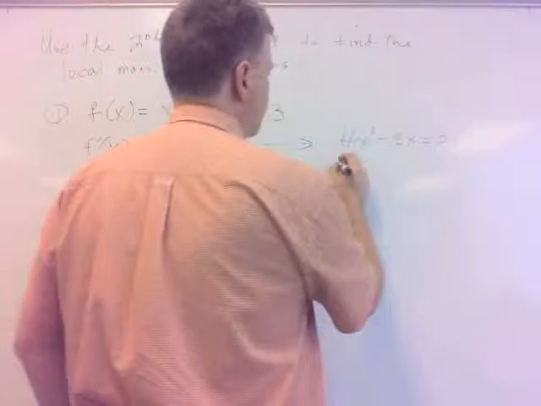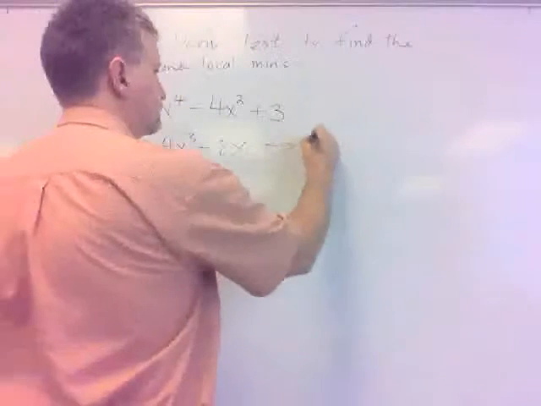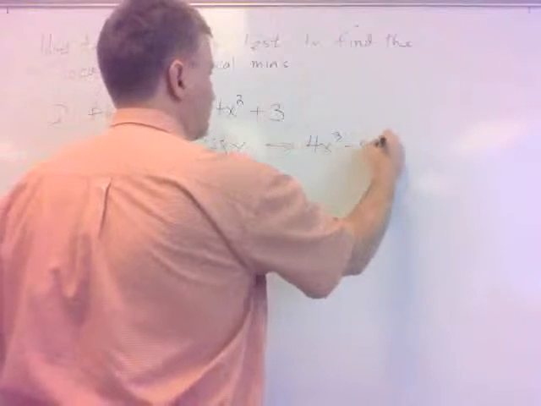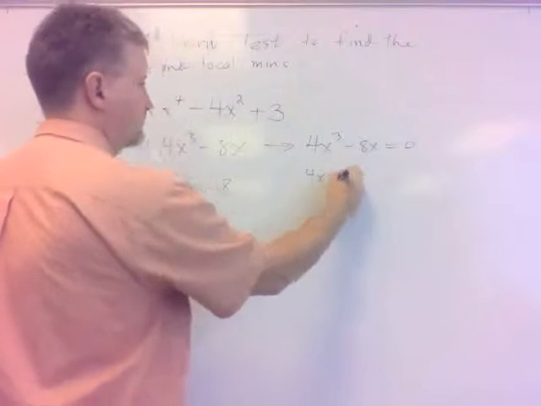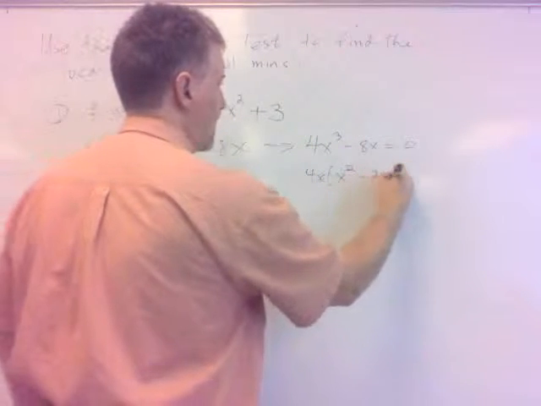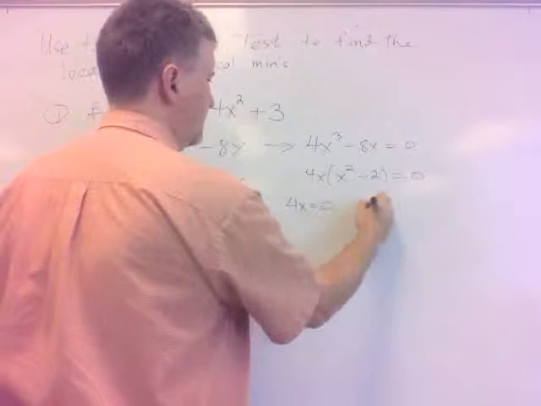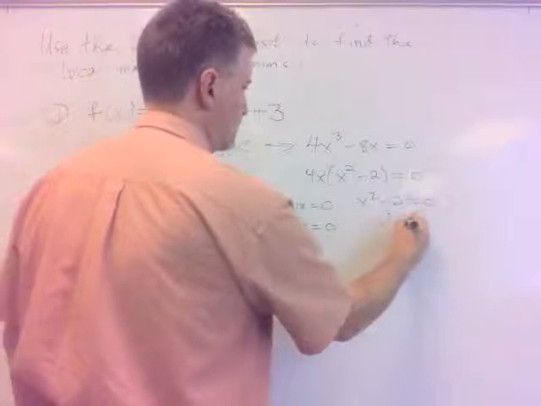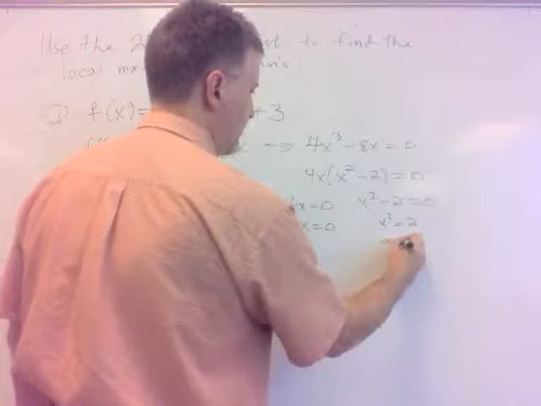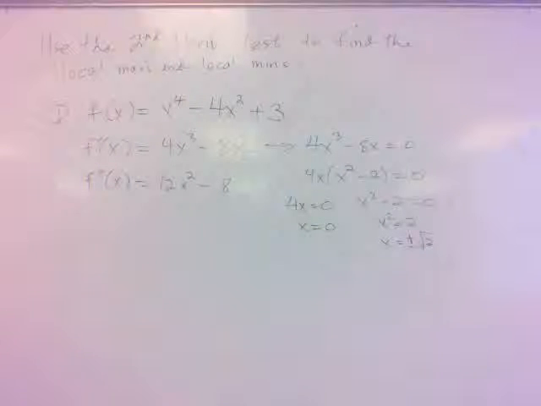So what would the critical numbers here be? Well, you've got a 4x common factor, so let's pull that out. And so I get 4x equals 0 and x squared minus 2 equals 0. So x is 0, or x squared equals 2, so x is plus or minus the square root of 2.